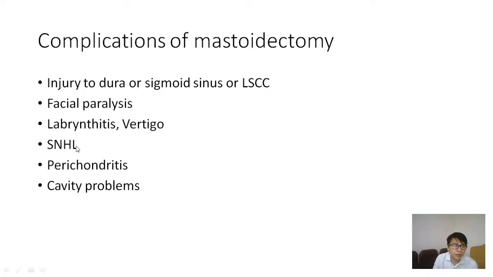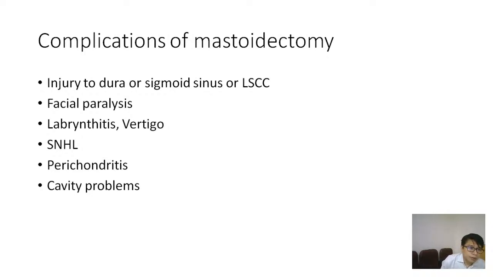It can also cause infection of the labyrinth, what we call labyrinthitis, which may lead to vertigo. While clearing the disease from the oval window and round window area, if we are not careful and rupture the oval window or the round window, it can lead to sensorineural hearing loss.